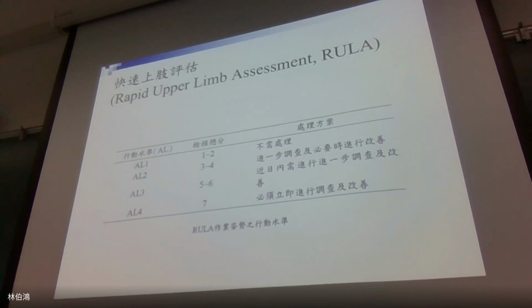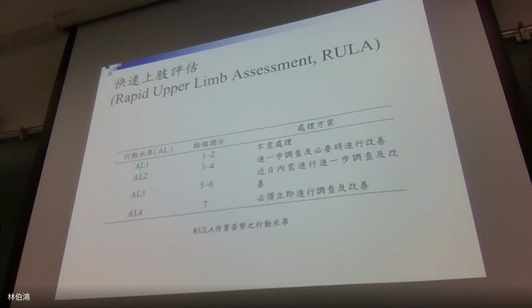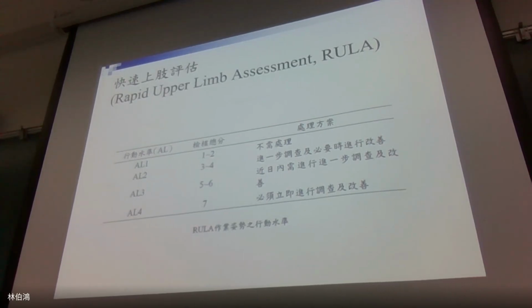I think at AL1 maybe you don't need to make the improvement, but over AL2, you have to make some improvement. So this is a very useful tool, RULA, in the factory to measure the posture and also a method for musculoskeletal discomfort.